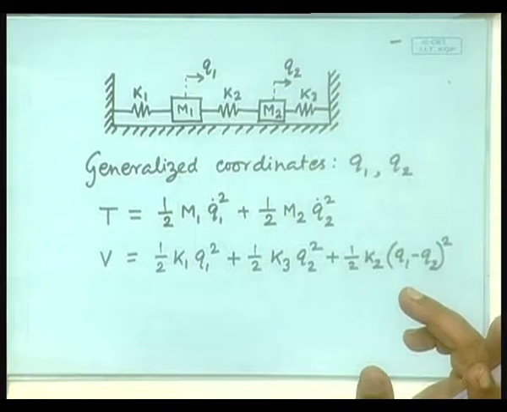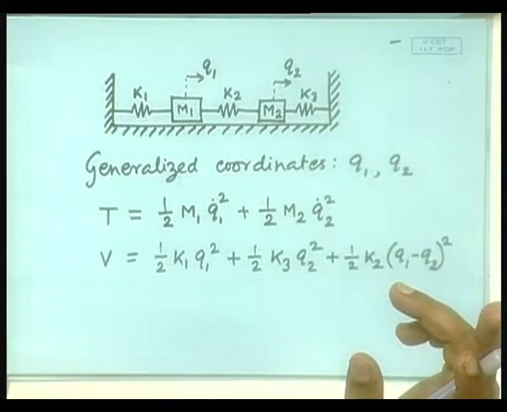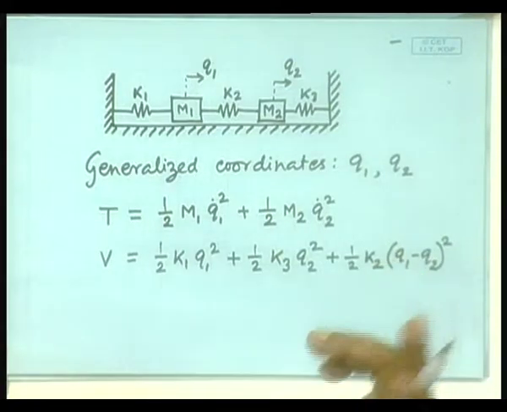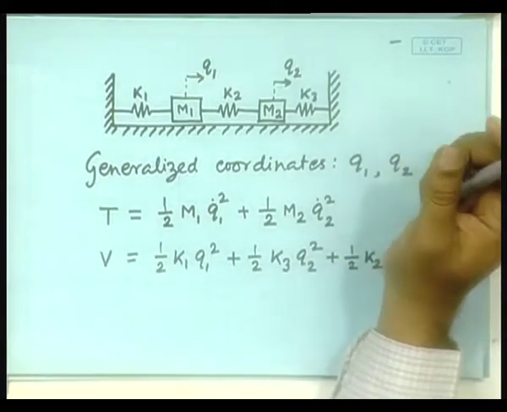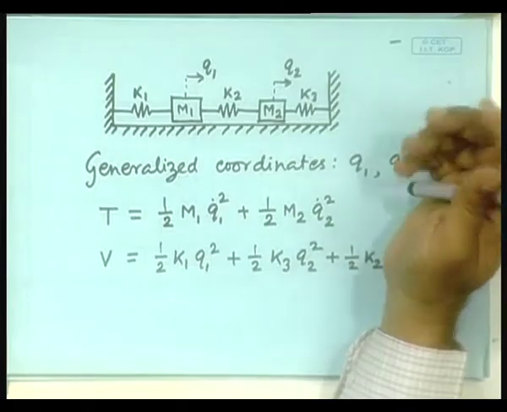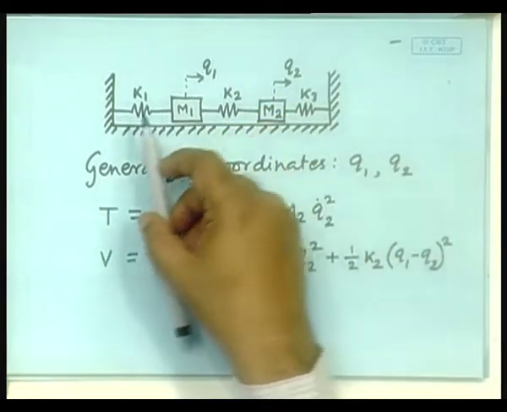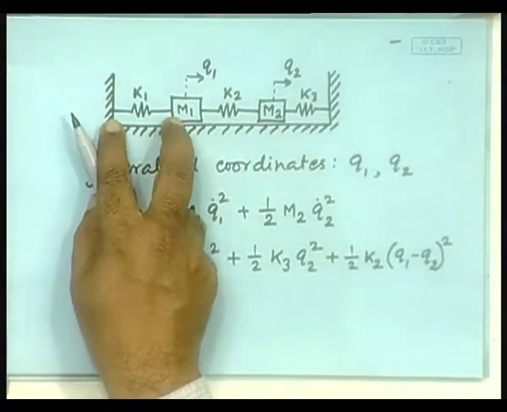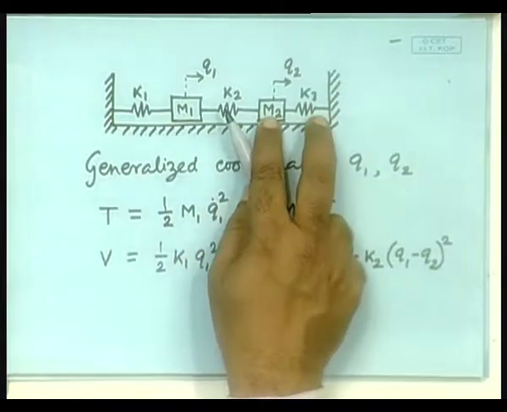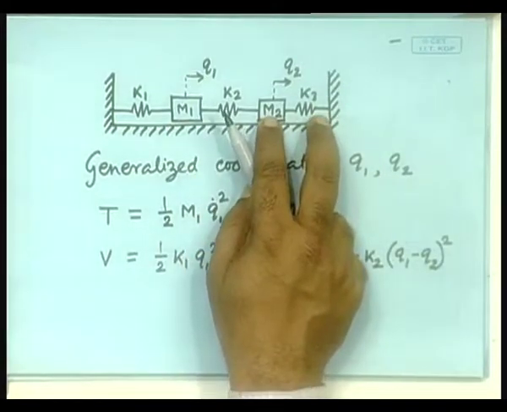Any question? So, we have taken q1 and q2 from which datum? Here there is a question. Okay, for the sake of simplicity assume that for this spring q1 is measured from its unstressed position, and for this spring q2 is measured from its unstressed position.